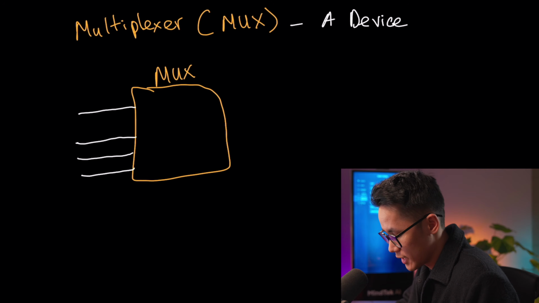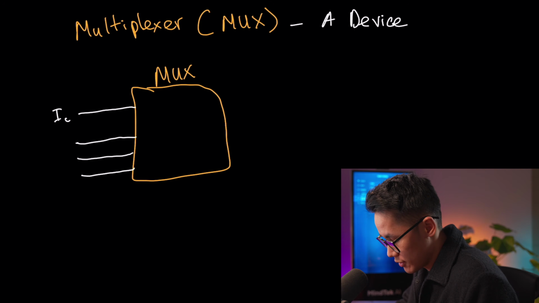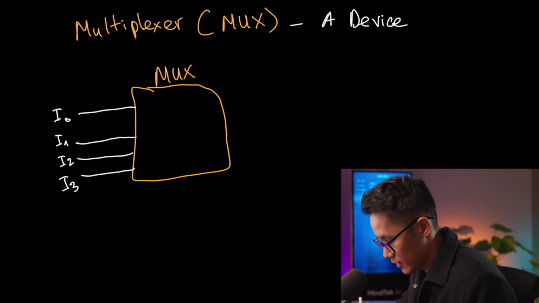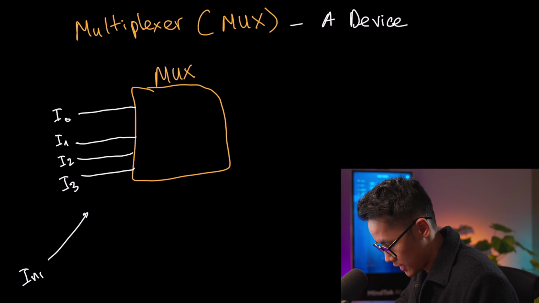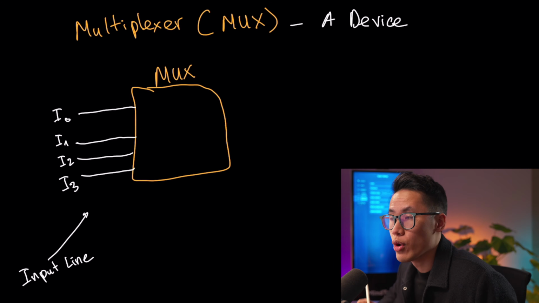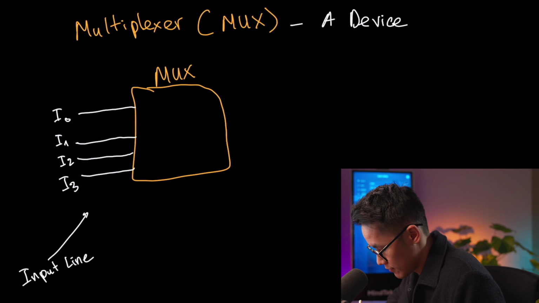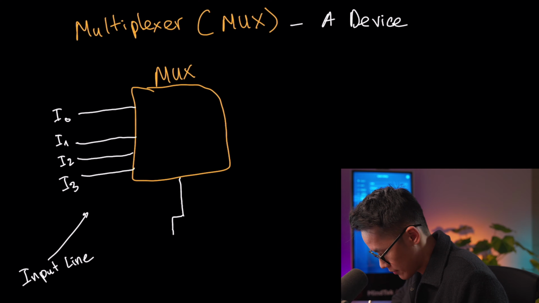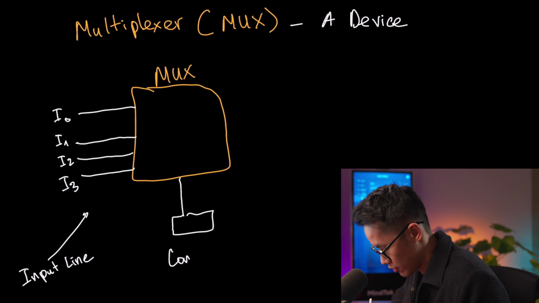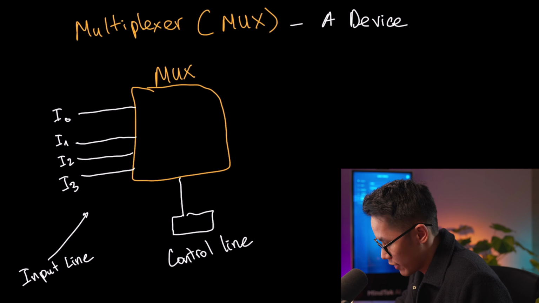I call them I0, I1, I2, and I3. And I will also have a control line. Okay, this is called the control line. And I will have the output.